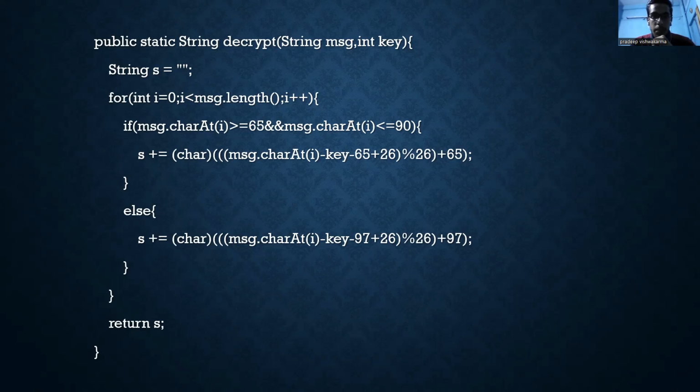If the character is upper, we subtract the key because we need to right shift it, then subtract 65 and add 26, find the remainder from 26, then add 65. It will make the decrypted string. In lowercase, I use the same formula, but subtracting 97 and adding 97.